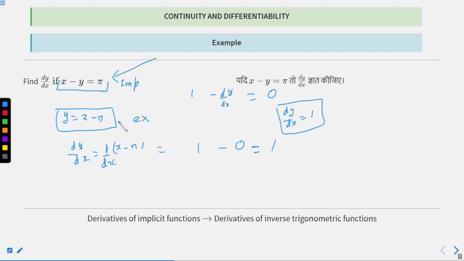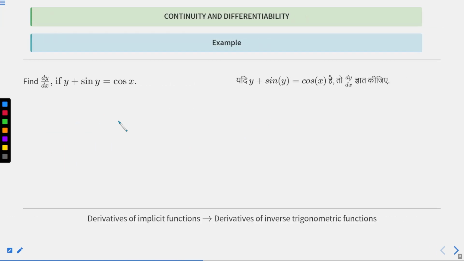Now in this case you cannot separate it. So how are you going to apply the operator d by dx to y plus sin y is equal to cos x? Again apply d by dx on cos x.